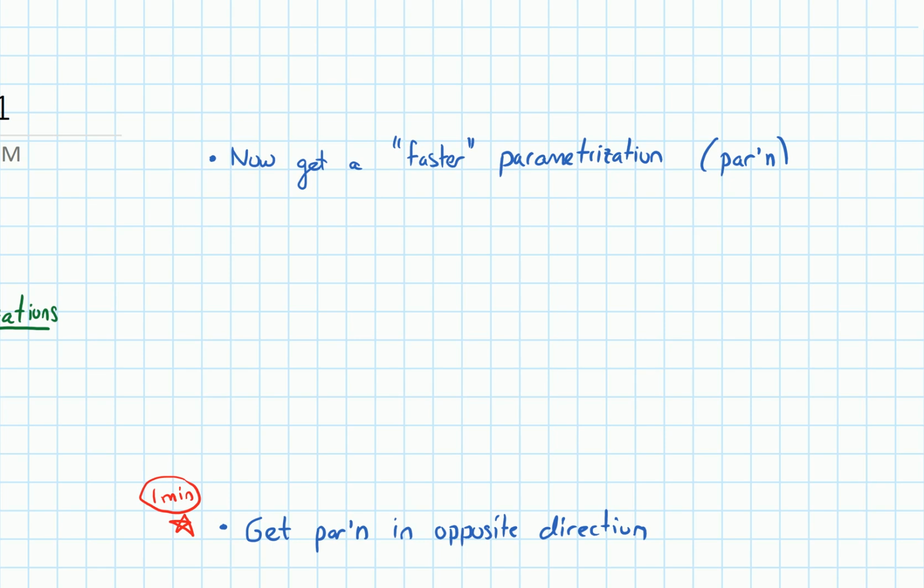So next, let's suppose that we wanted a faster parametrization. Sometimes to abbreviate parametrization, I'm just going to write PAR'N, and that will refer to parametrization. So now let's suppose we had a bug that was moving faster. How could we describe that? Instead of letting x be t, let's let x be 2t.